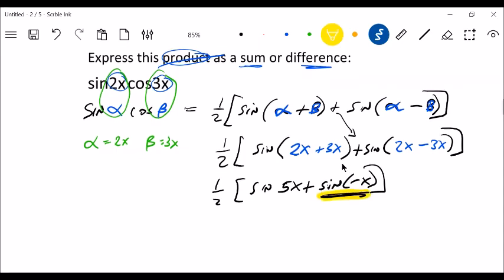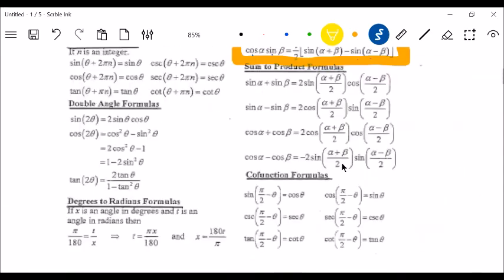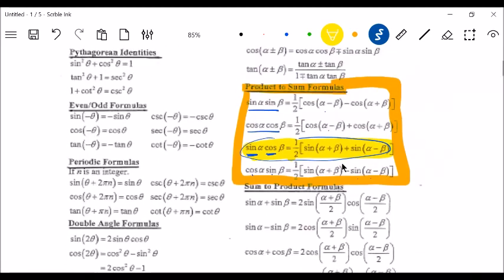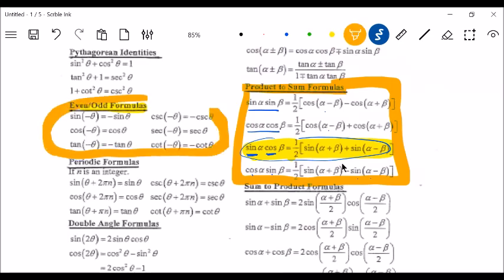Okay, let's go back and let's take a look at the formulas. And we're going to look at the even odd formulas. So in that part, it shows that if you have sine of a negative angle, that negative can go in front instead of with the angle. With cosine, it actually goes away. And with tangent, that acts like sine where the negative goes in front. But we have this one right now.